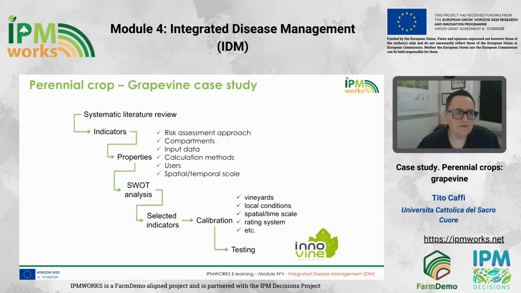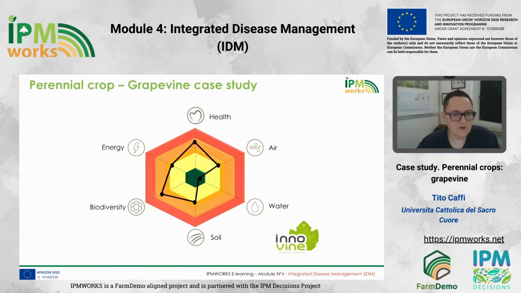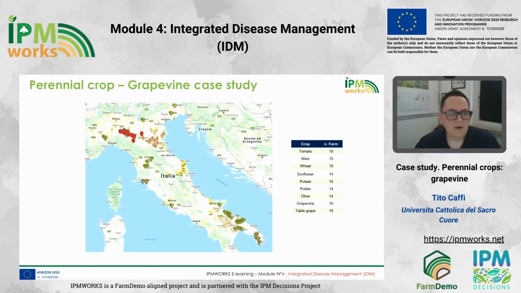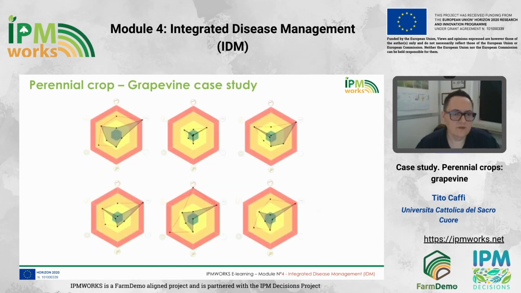Starting from a systematic literature review, so something that is already existing, we developed, adapted and calibrated those indicators in order to obtain an evaluation for different aspects of the impact of the crop protection, of the grapevine protection strategy. We use them all across Italy in different farms, in particular 15 farms producing grape from north to south.